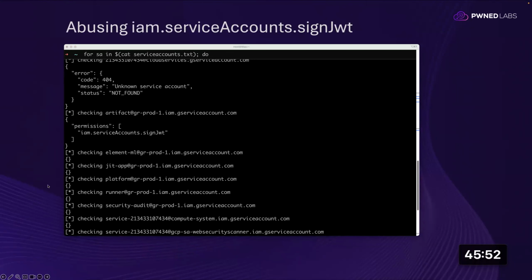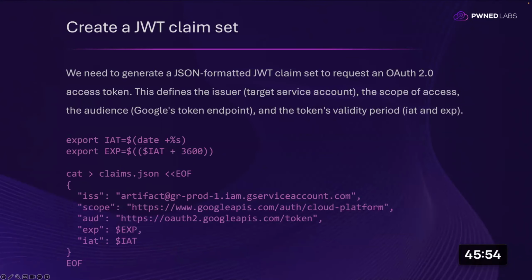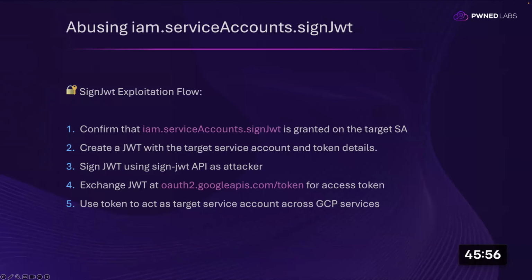The process of abusing the iam.serviceAccounts.signJwt permission is below. First, we confirm that the signJwt permission is granted on the target service account.